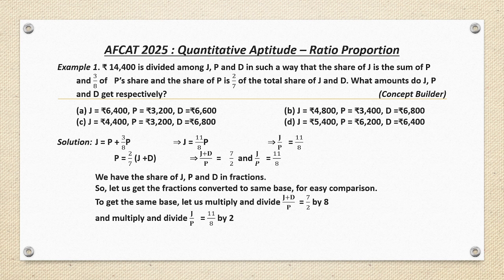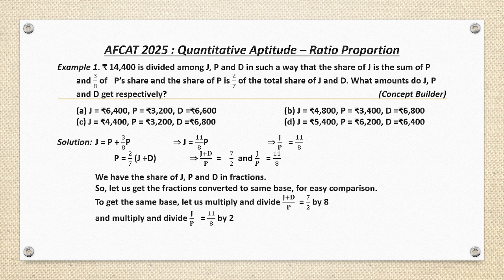Okay, I hope you have attempted this question. Now let us see. In the first line it is given that J's share is P's share plus 3/8 of P's share. So J equals P plus 3/8 of P. That implies J is 11/8 P. Now let us have P in the denominator, that is J by P is equal to 11/8.